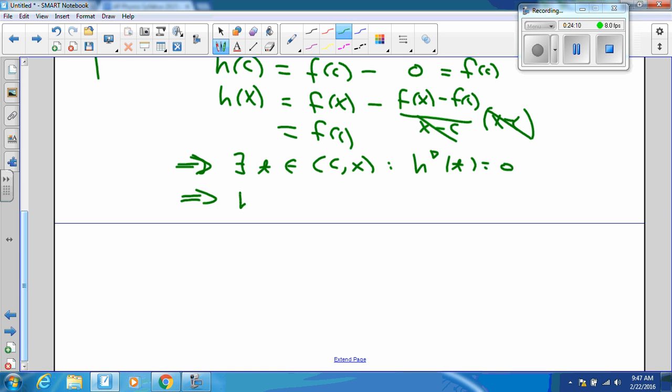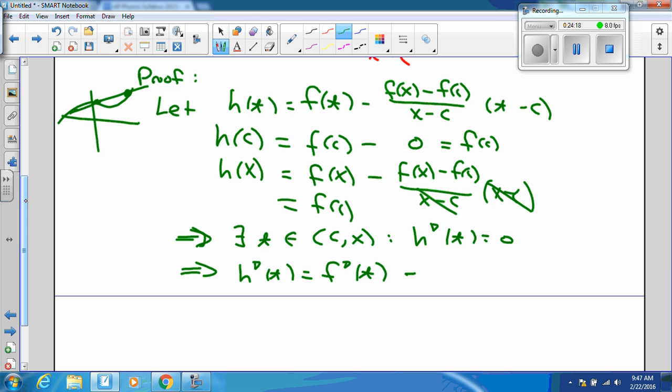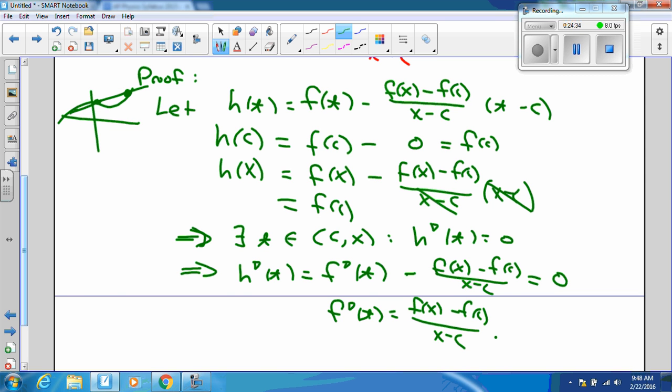Because that is the case, h prime of t is equal to f prime of t minus, going back up to here, our slope times 1. And since that equals 0, therefore at our t, we exactly have this guy right here. You guys remember doing this proof before?